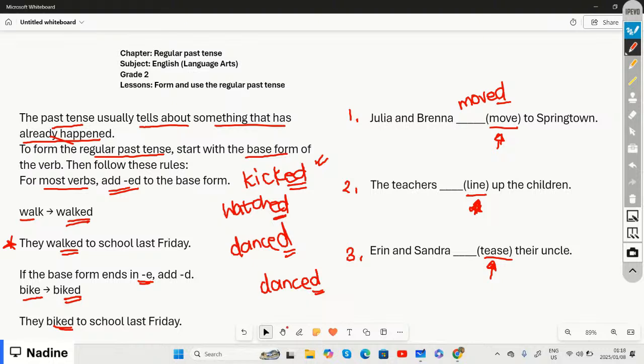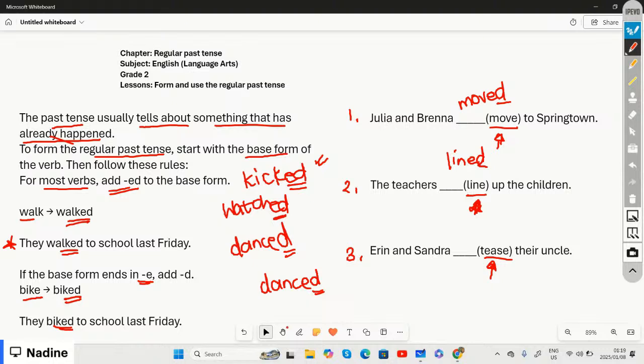So today we can say the teachers line up the children, but yesterday, which is in the past, we can say the teachers lined up the children.